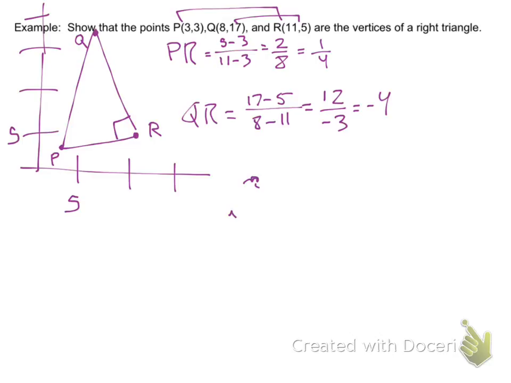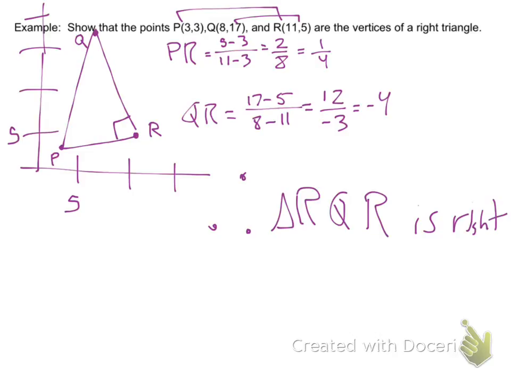Therefore, wow, that's bad points. Therefore, we say PQR is a right triangle. Now, we possibly then could also go for the fact that, can I guarantee that this is an actual right triangle?